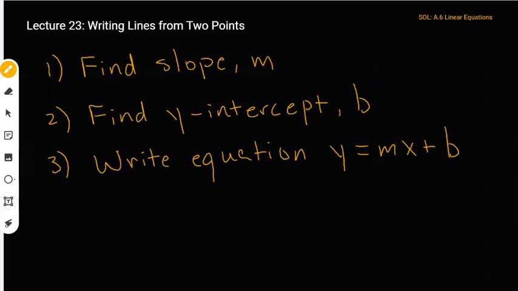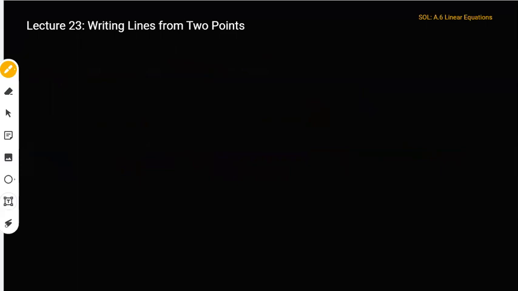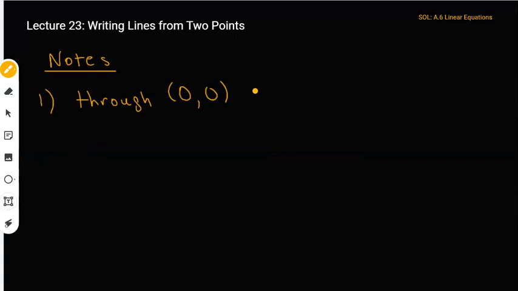Let's try the first one on the notes. So the first one that I have is I want to find the line that goes through 2 points. Those 2 points are going to be 0, 0 and 4, 4.